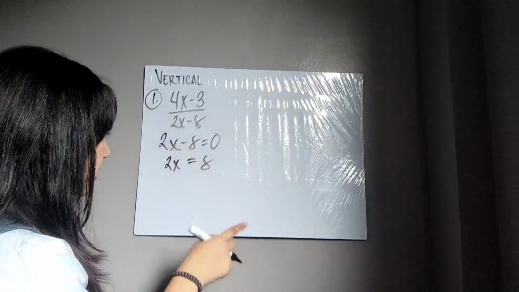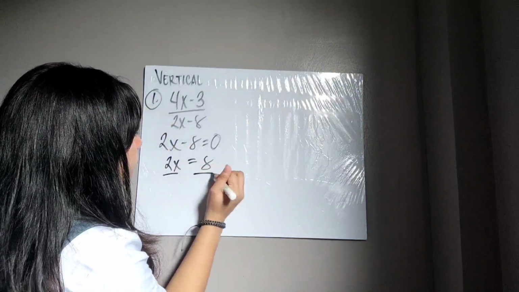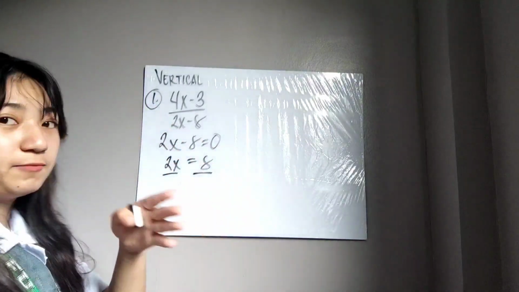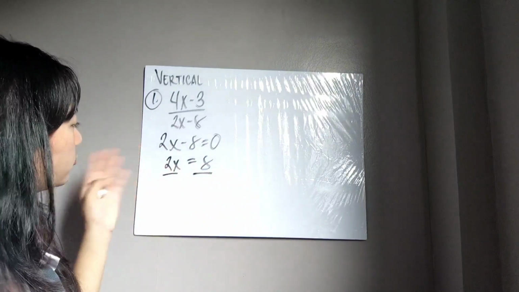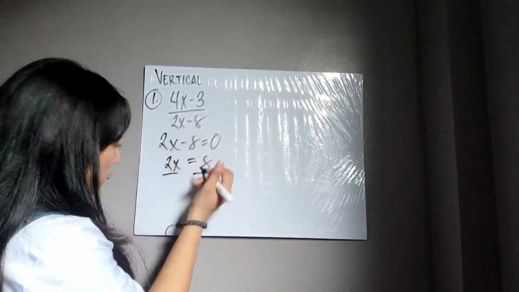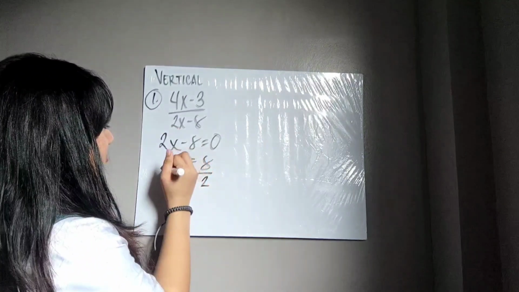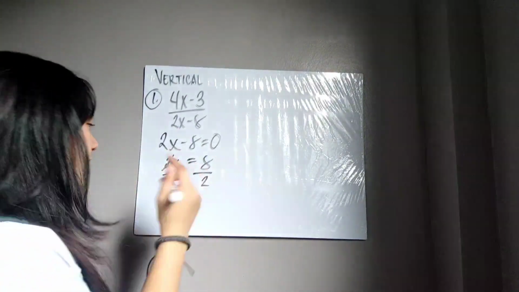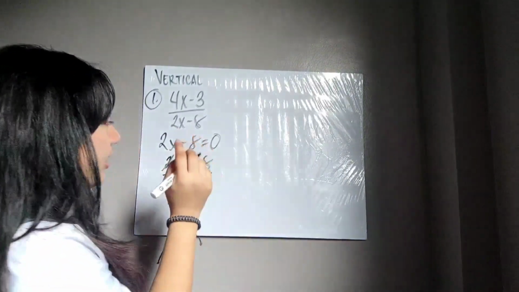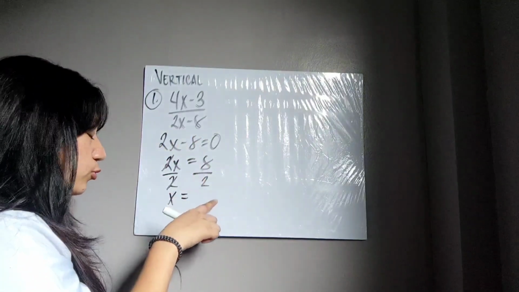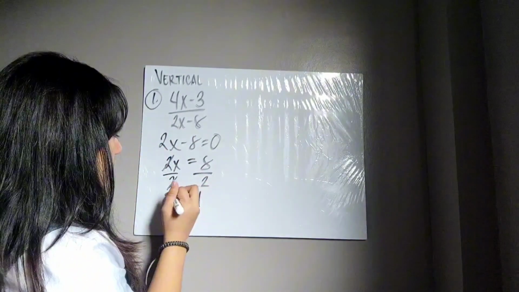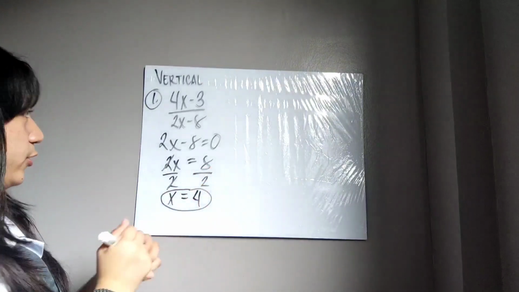So isolve natin yung 2x kasi kailangan x lang matira. Paano mawala yung 2? I-divide natin 2 into 2 para mawala si 2 and matira si x. 8 divided by 2 is 4. So ang x natin is 4.